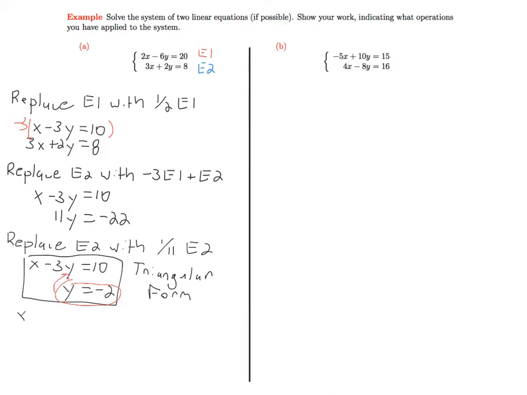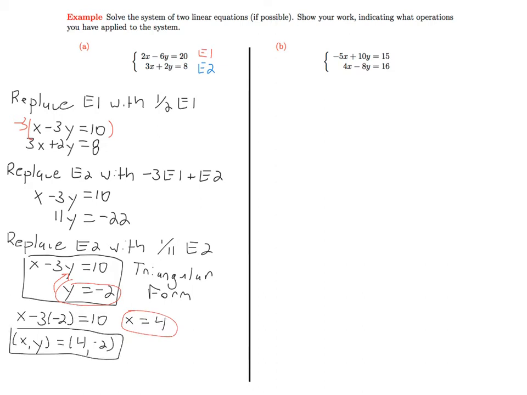So in other words, I would get x minus 3 times minus 2 is equal to 10, which gives us x is equal to 4. I would get 10 minus 6 is 4. So my solution is x, y is equal to 4, minus 2.